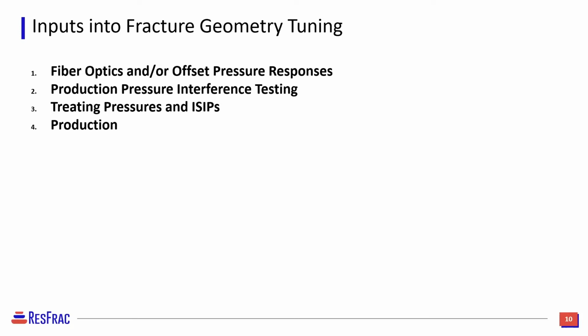So it's, in my mind, one of the best things that's happened in fracture geometry tuning since I've started with ResFrac. Then the production pressure interference testing, we'll go over that, how we have different ideas for matching within ResFrac. We'll look at treating pressures and ISIPs and some different ideas for matching that.